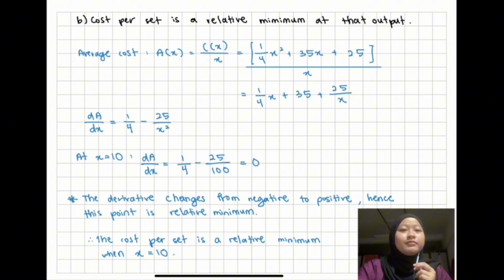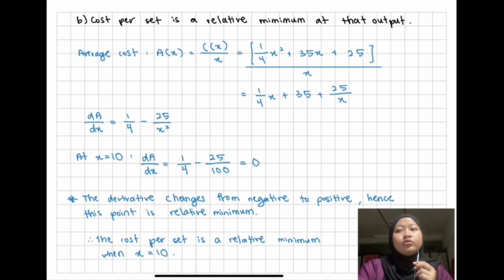Question B asks for the cost per set to be a relative minimum at that output. First, we need to find the average cost, which is A(x) equal to C(x) over x. You will get 1/4 x plus 35 plus 25 per x.